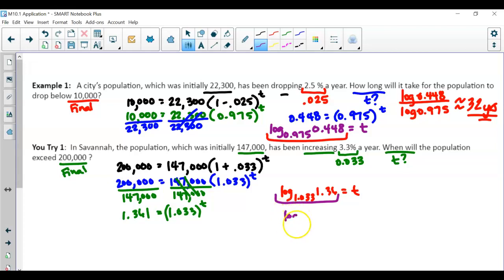So you have the log of 1.361 divided by log of 1.033, which is approximately 9 years. So when will the population reach that? If we're in 2023, in approximately 2032.